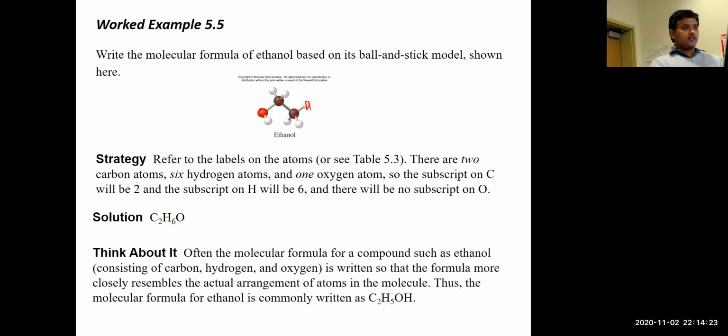So here you can see 2 carbons and 6 hydrogens if you count. 1, 2, 3, 4, 5, and 6, and 1 oxygen. So there are 2 carbons. So your chemical formula or molecular formula is going to be C2H6O. That's how you would identify. Very simple.